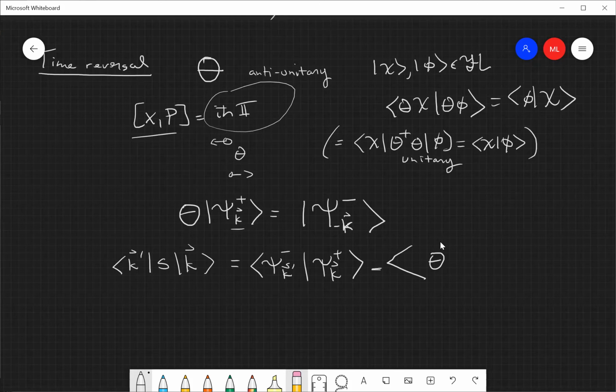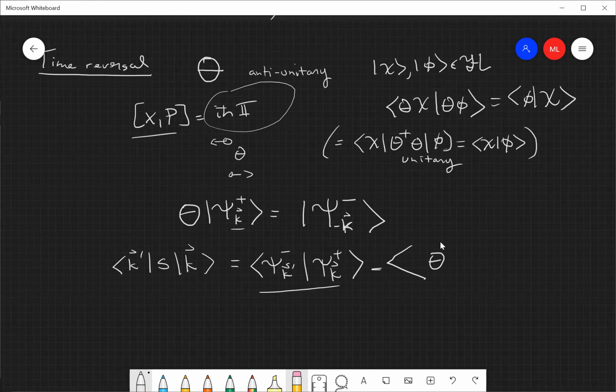Well, okay, so two things. First of all, the properties of the S matrix must be invariant under time reversal. The S matrix describes the scattering, so it should remain symmetric under time reversal. So this inner product must be equal to what happens under time reversal.